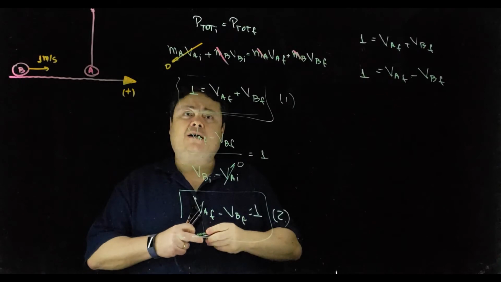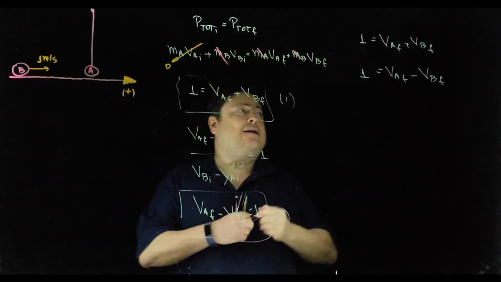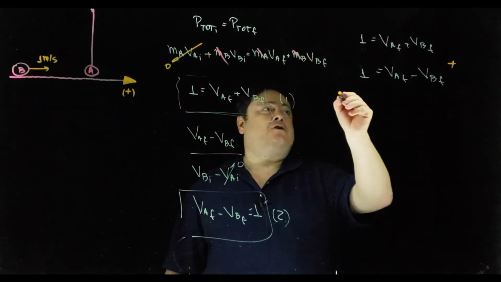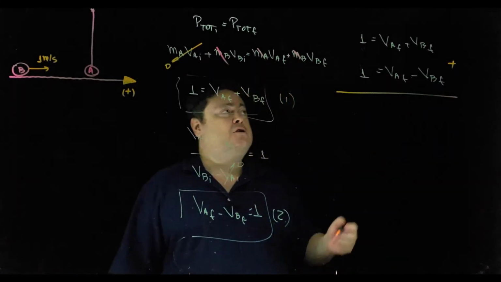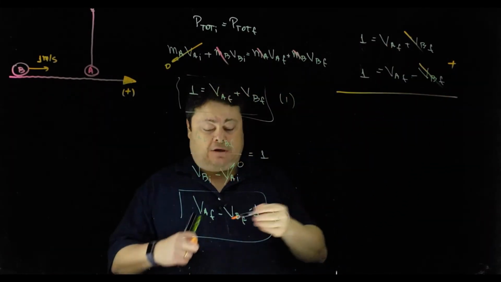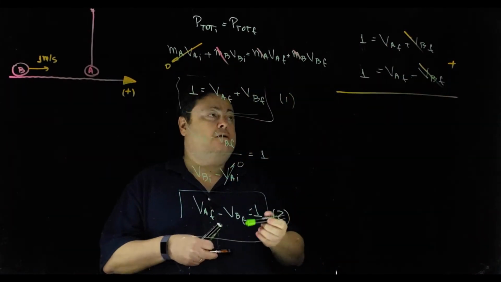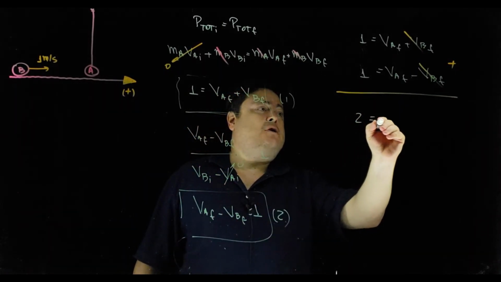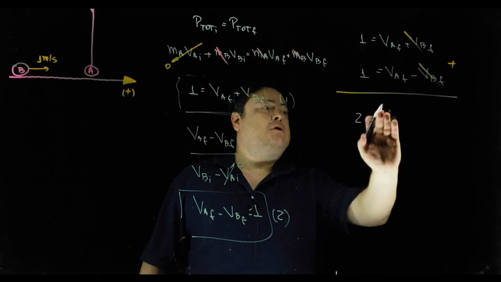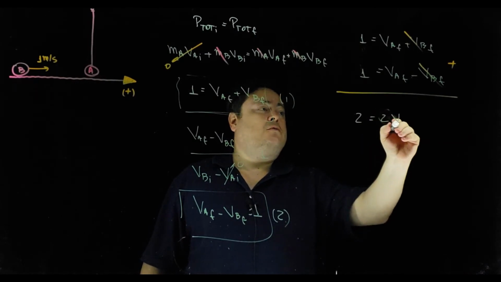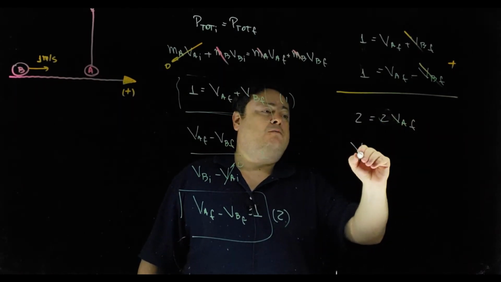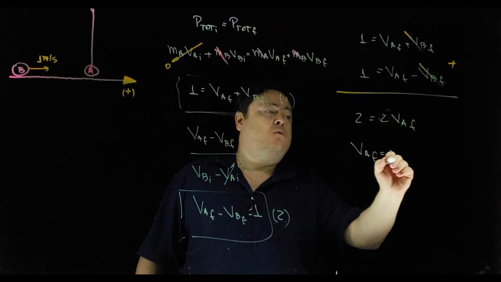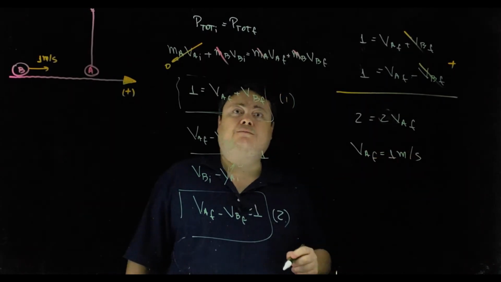And I think that the best solution for this is just to add the two equations. Because when I add the two equations, VB final will cancel out, and what we have at the end is 2 equals 2 VA final, and so VA final is 1 meter per second.